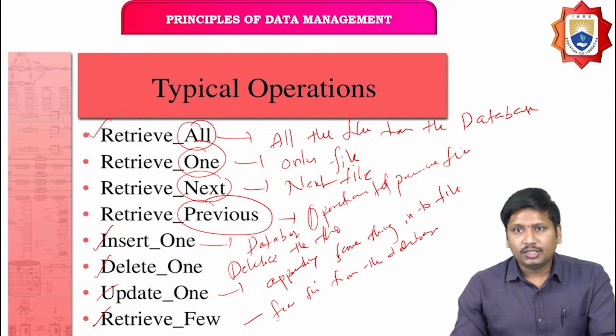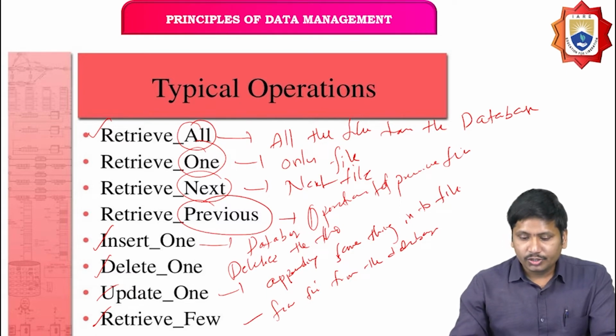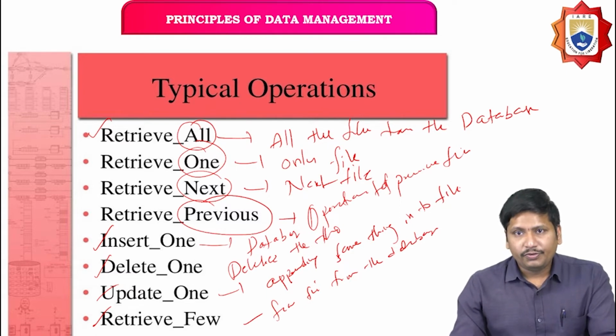Insert one means you can insert a new file into the database. Similarly delete one, where you can delete the file. Update one means you can update the current file. And retrieve few, where you can retrieve very few files from the database based on some factors.